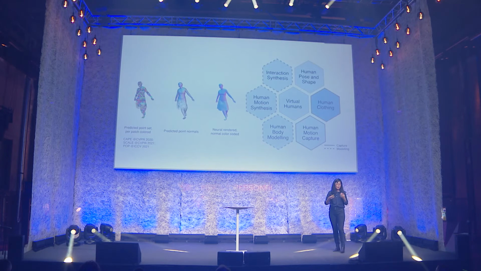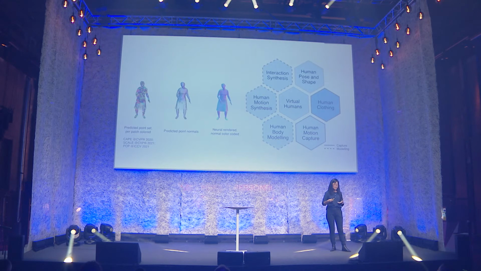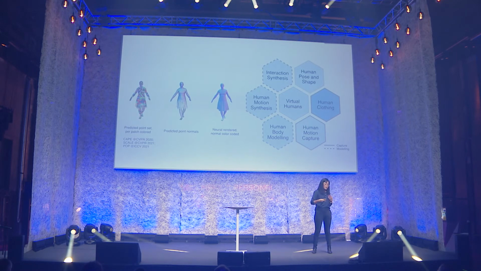Motivated by this, we have been studying different representations of how to represent clothing geometries. For example, in this work, we represent geometries by points and patches, and we were able to model clothing deformation realistically.